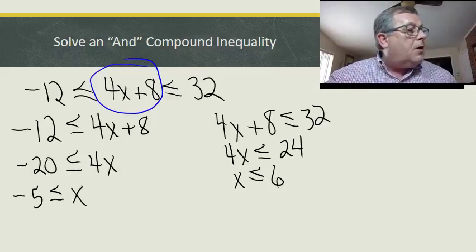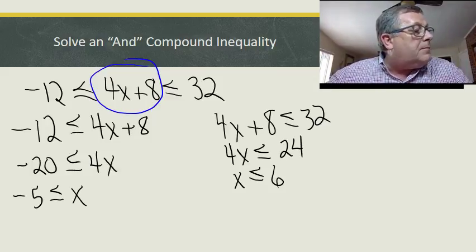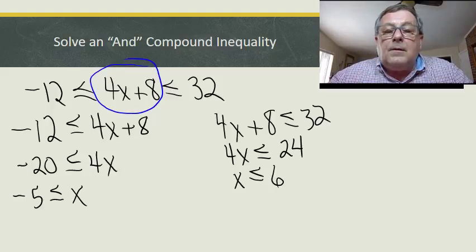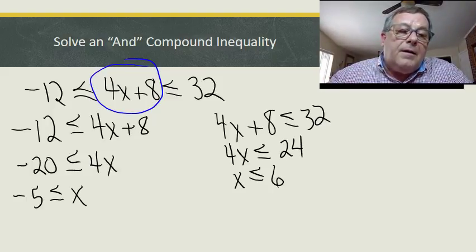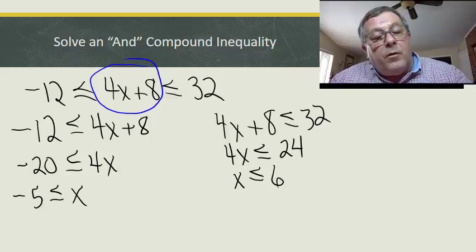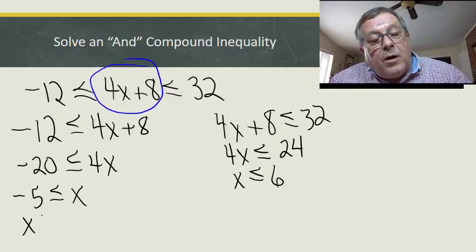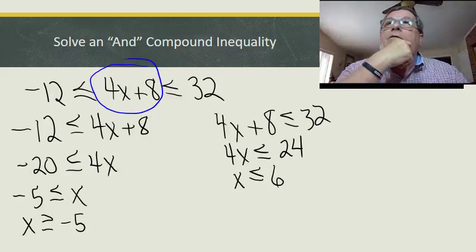Okay, so now comes the part I got to sit here and think about. I got x is, and I'm going to rewrite this to be x is greater than or equal to negative 5. So I've got a scenario here.